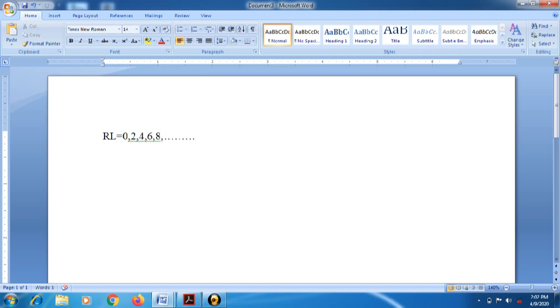First we will convert all these numbers into binary format. 0 is represented as 0 only, 2 is represented as 10, 4 is represented as 100, 6 is represented as 110 and so on. So here we find that the strings always end with 0.